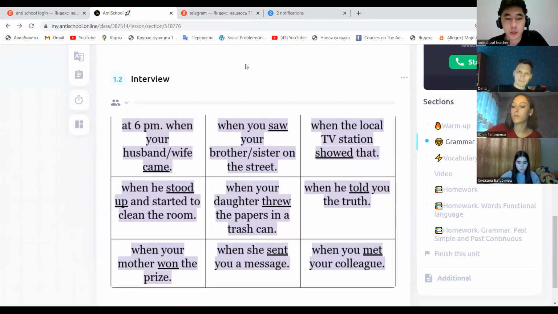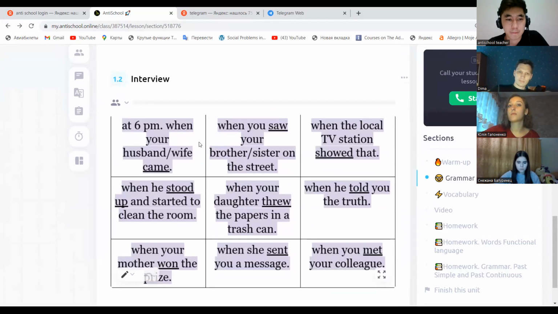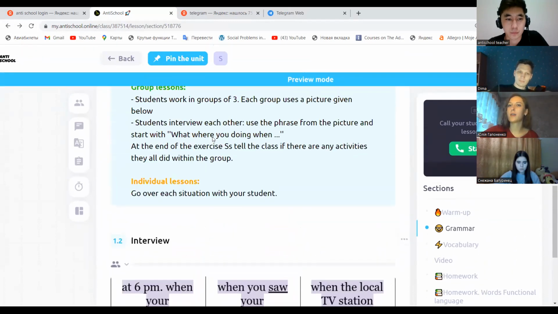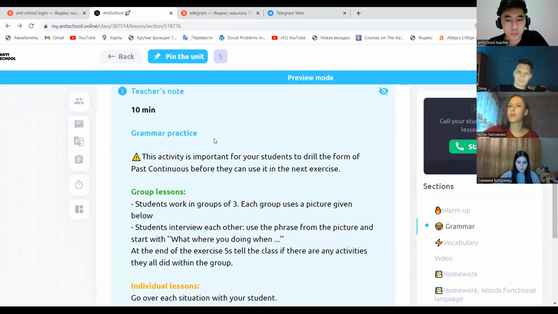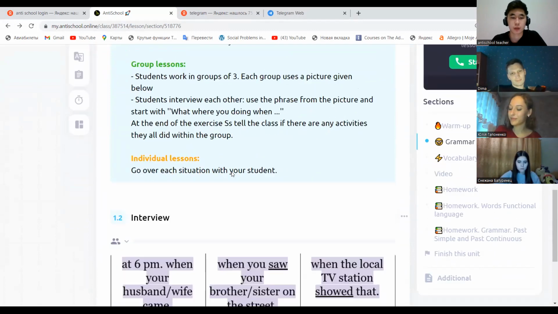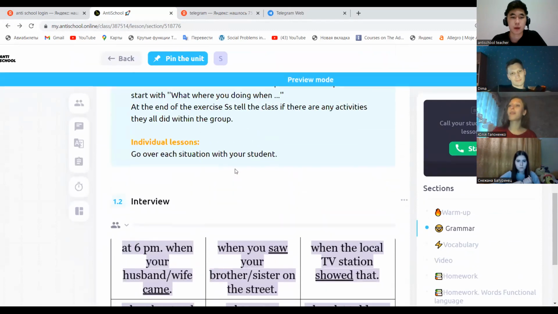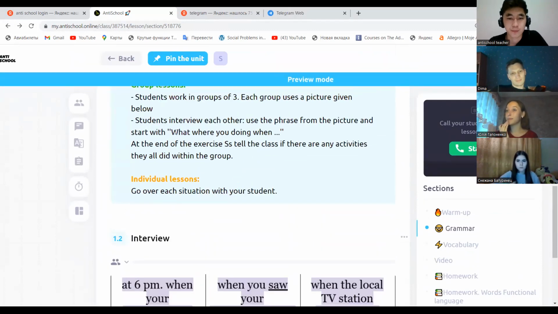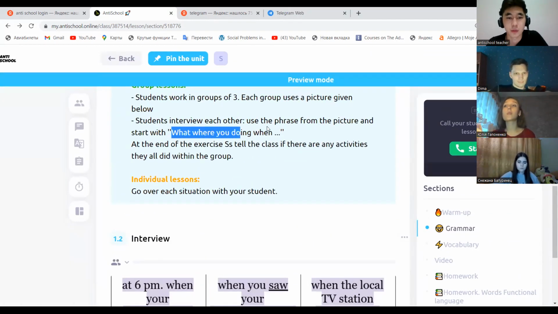Did you do this exercise? Yes, but quickly, only 3 sentences. Okay, then let's go through this exercise one more time. It says we need to use this word at the beginning.